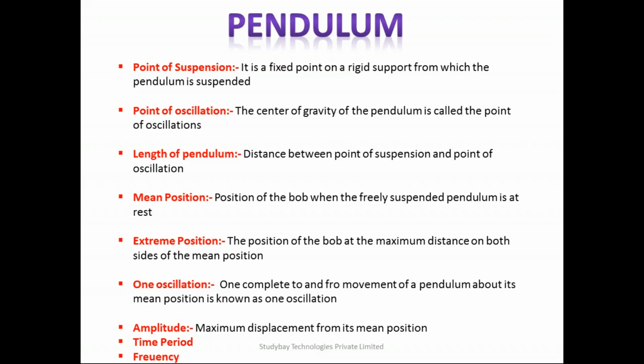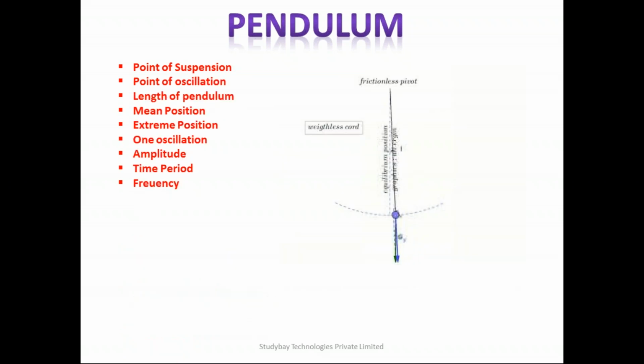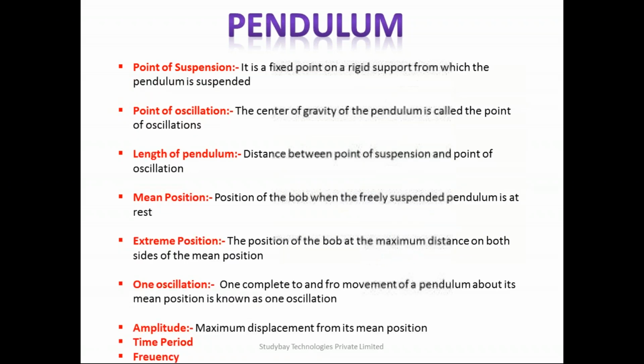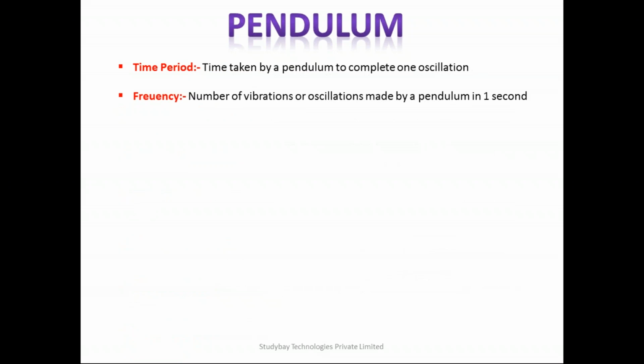One oscillation is one complete to and fro movement of a pendulum about its mean position. In case of amplitude, the maximum displacement from its mean position is called amplitude. Okay. Now we have time period. This is the time taken by a pendulum to complete one oscillation.